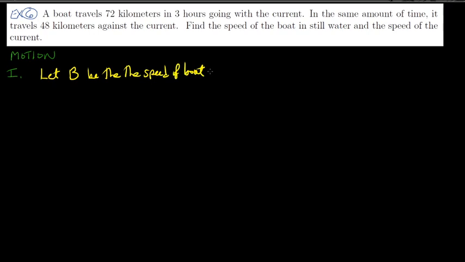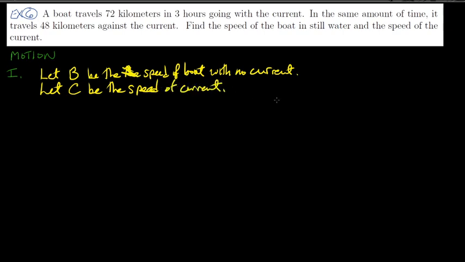And that just means there's no current. And they also, of course, want the speed of the current. So let's call that C. Let C be the speed of the current.